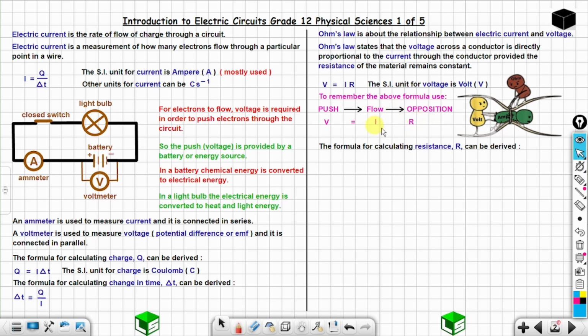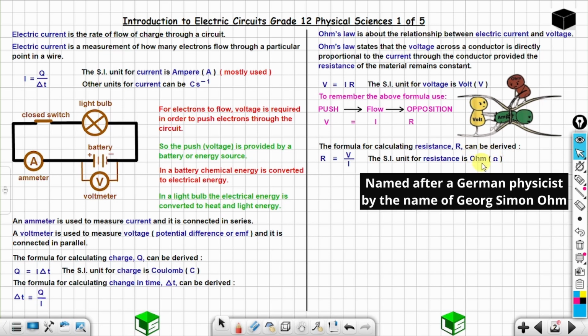When you divide by current on the right side, you are going to have resistance, and when you divide by current on the left side, you are going to have the voltage over the current. The SI unit for resistance is ohm. We use this symbol to represent the unit. This was named after a German physicist by the name of Georg Simon Ohm.